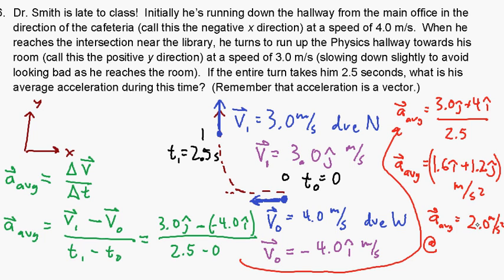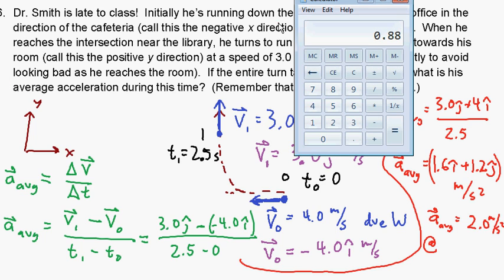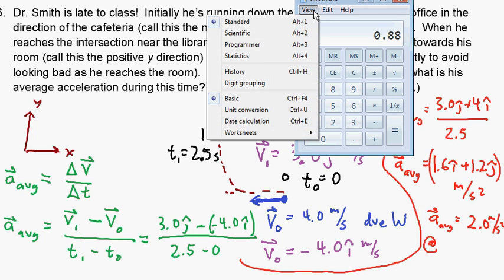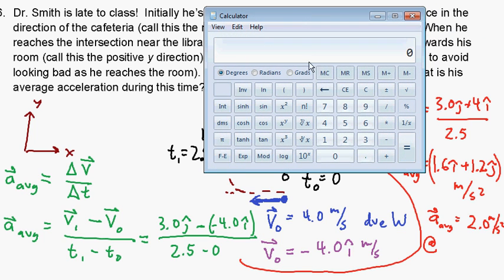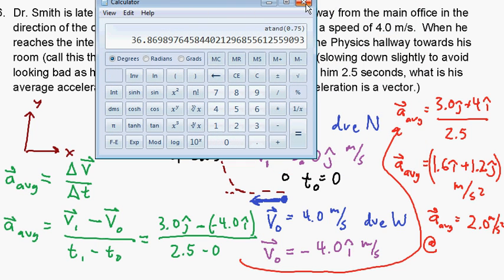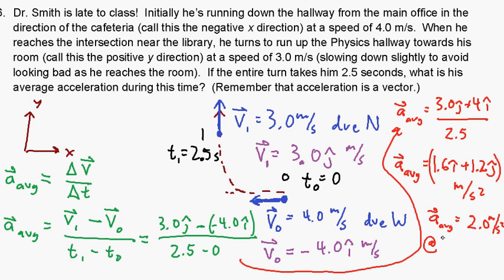So it's at an angle of the arctangent of 1.2 over 1.6, which is 0.75. Let's try the inverse tangent, and it looks like it's 36.9 degrees north of east.